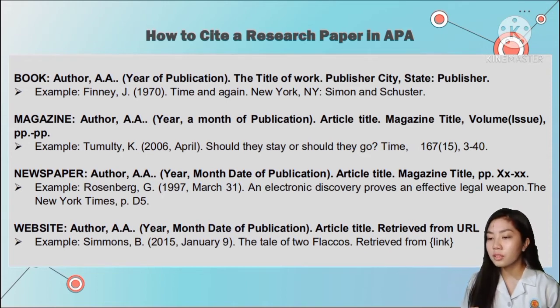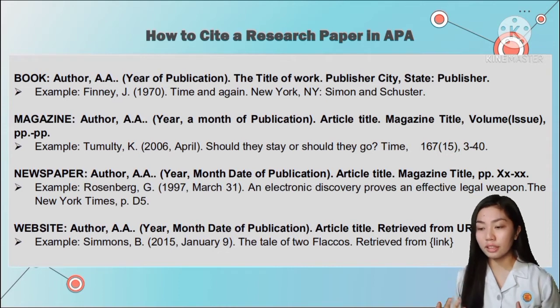Newspaper: sa author, then initials, then year, month, date of publication, article title, tuldok, magazine title, comma, page, XX. Example: Rosenberg G., 1997, March 31, An electronic discovery proves an effective legal weapon, The New York Times, page D5.